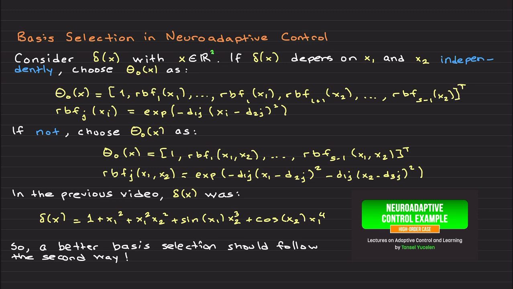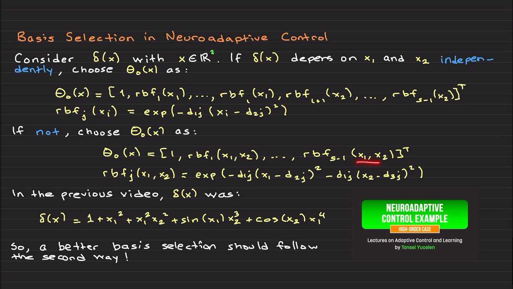Now, if you have uncertainties that depend on x1 and x2 jointly, like for example x1 multiplied by x2 to the power of 2, or x2 to the power of 2 times sine of x1, I found it better to use a generalized radial basis function that depends on both x1 and x2.